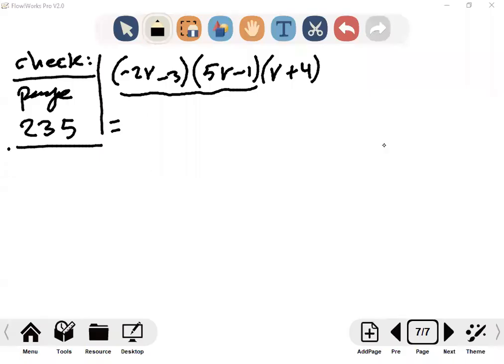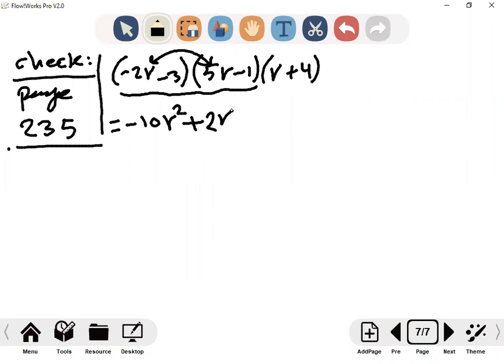The first two parentheses: negative 2r multiply 5r. Negative 10r power 2. Now negative 2r multiply negative 1, negative 2 times negative 1 is plus 2. r, there is no other r, so it comes down normally. Right? We finished the negative 2r.